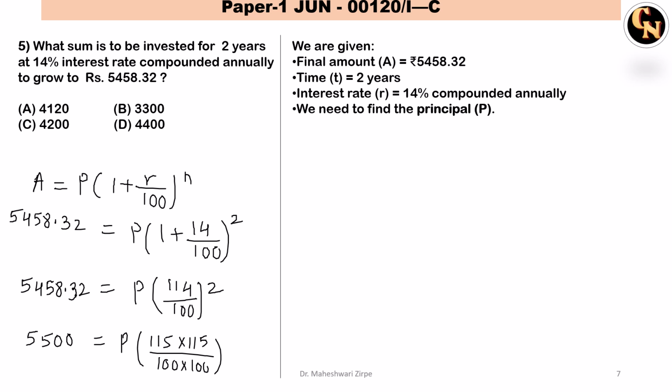So 100, and why I'm taking 115, because the multiplication of numbers ending with 5 is very easy. We can do it very easily. I'll show you a trick also. For example, 115 into 115 multiplication is so simple.